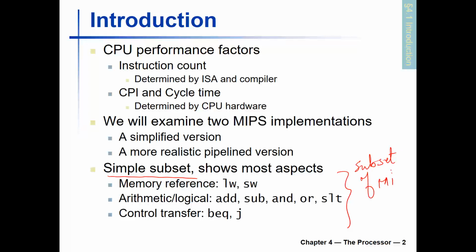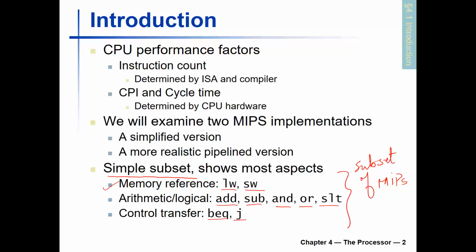We are not going to do all the instructions because doing the entire thing is going to be very detailed, but we will pick one instruction of every class, and inside that class you can extrapolate the design to all variations of that instruction. So we will do load word, store word, add, subtract, and, or, set if less than, branch if equal, and jump instructions.